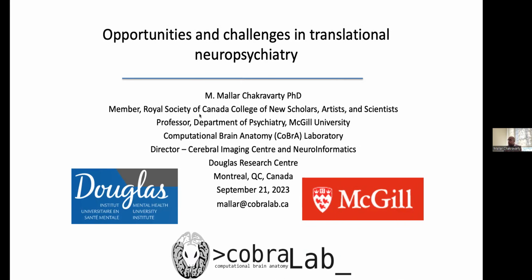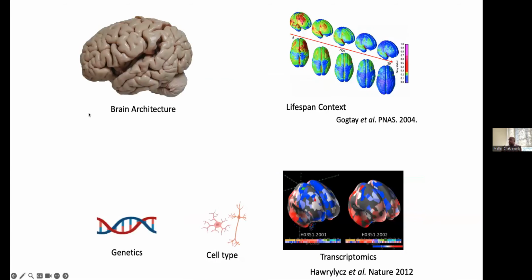I want to start a little bit with where I started, which is in human imaging. One of the core goals in human imaging has been trying to understand brain architecture. You can define that however you want, whether structural, functional, or some integration of the two, how that changes over time and across the lifespan.